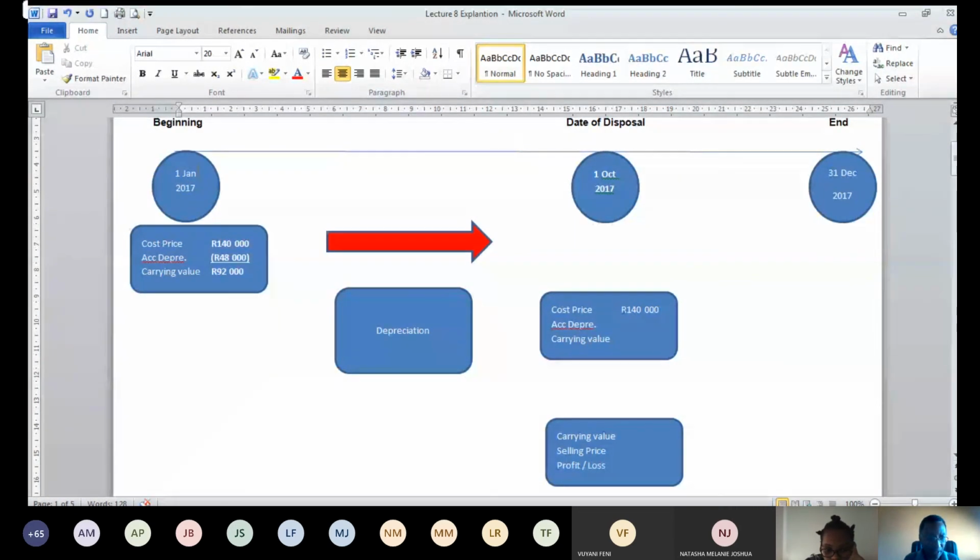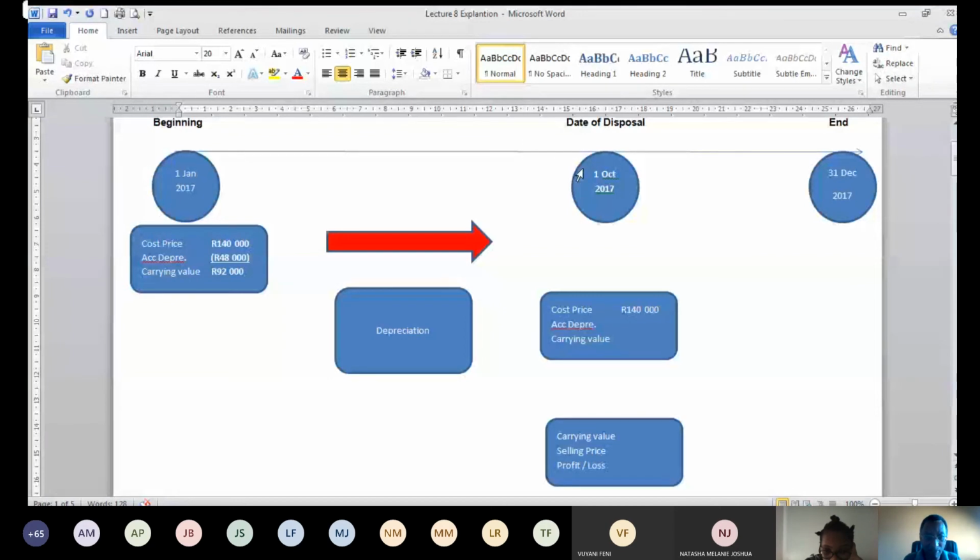But we are not selling the asset on the 1st of January. We are selling the asset on the 1st of October. Now, from the 1st of January up until the 1st of October, which is a 9-month period, January, February, March, April, May, June, July, August, September. Can't count in October, only up until the 30th of September.